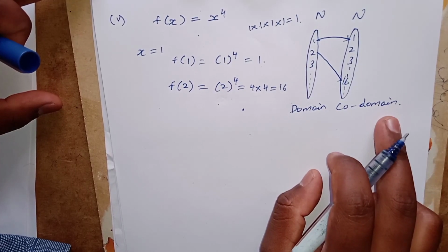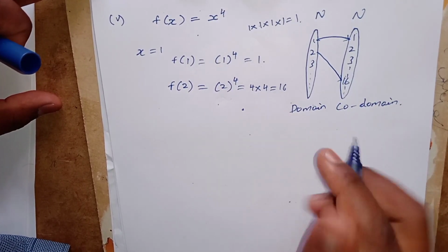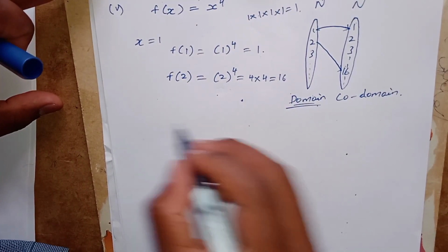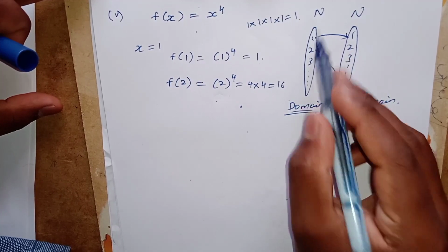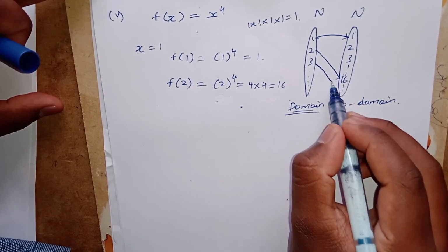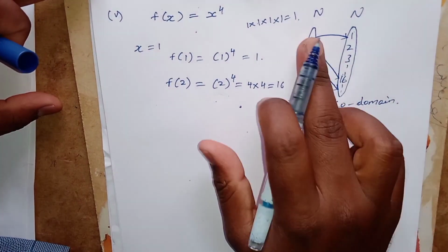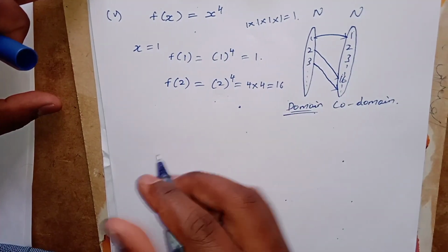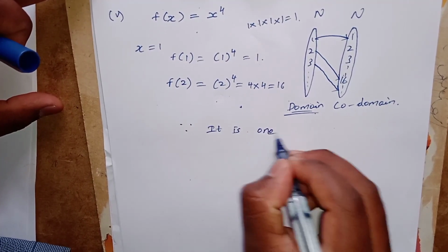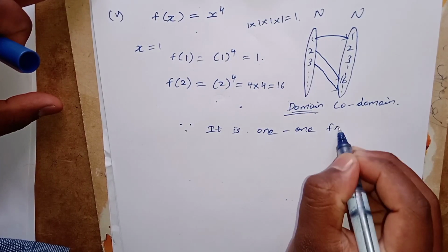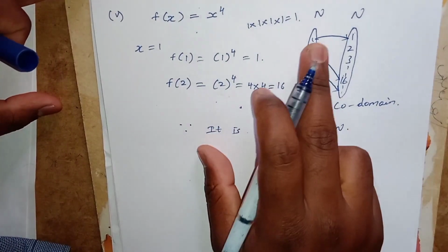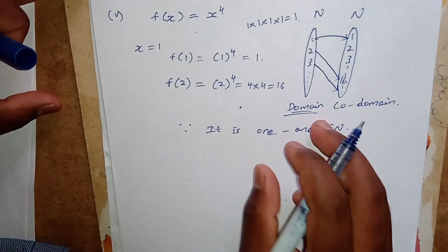For checking whether it is a 1 to 1 function, you have to check only the domain. Here the natural numbers start from 1, 2, 3 up to plus infinity, and each has its own value, from 1 to 1 only. Therefore here it is a 1 to 1 function. Every term is filled, therefore it is a 1 to 1 function.